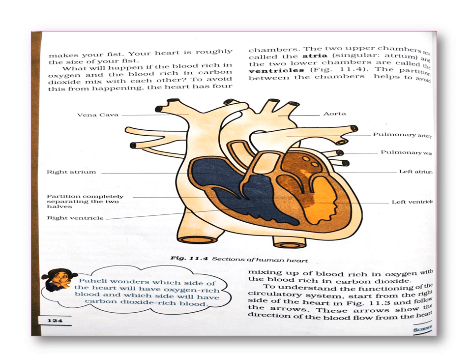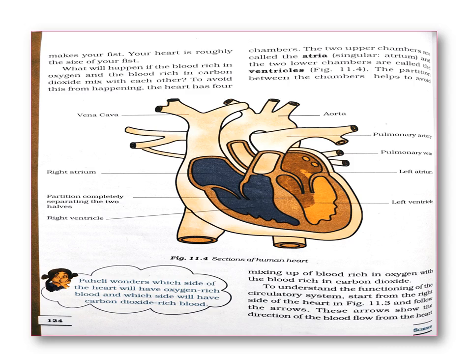In our body, there are two types of blood, oxygenated blood and deoxygenated blood. Here is one question: if oxygenated blood and deoxygenated blood mix together, what will happen? To avoid this from happening, the heart has 4 chambers.